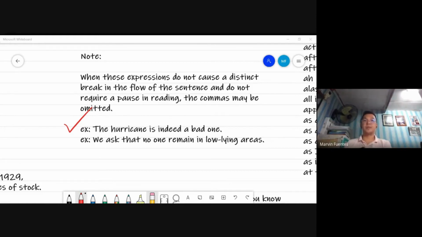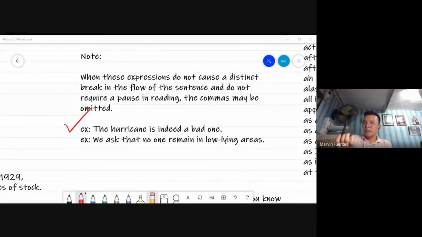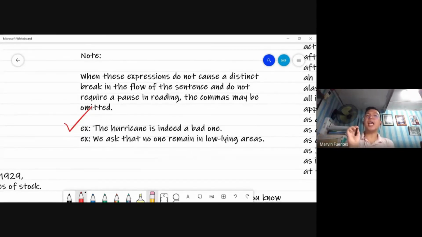Now, class, if you're going to look into the specific sentence, the writer most probably is emphasizing his or her frustration or grief or should I say conviction, na ang sinasabi niya, the hurricane is indeed a bad one.